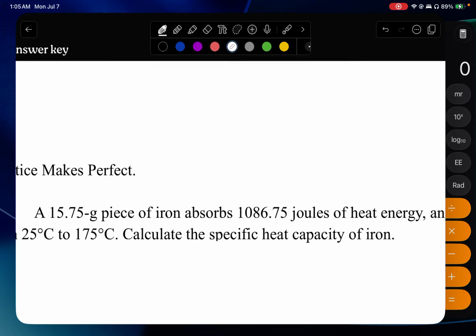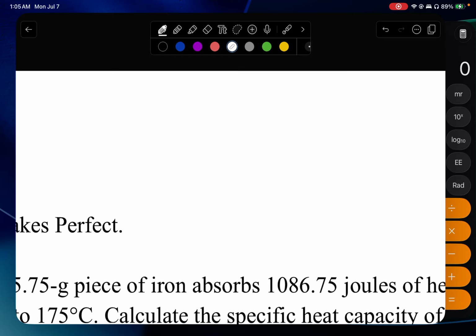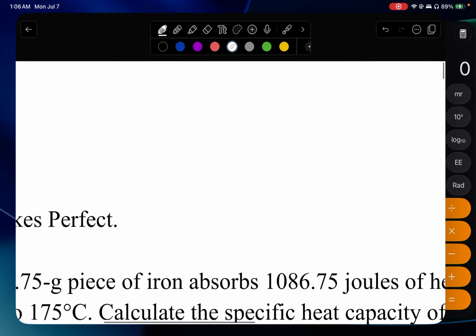So before we start, I'm just going to write down all of the conversions and the formula for total heat. Let me also write some delta T and delta H. Delta H is known as enthalpy, and enthalpy is also known as molar heat.